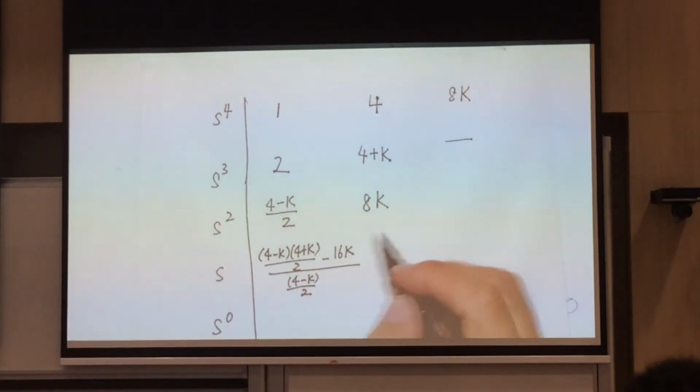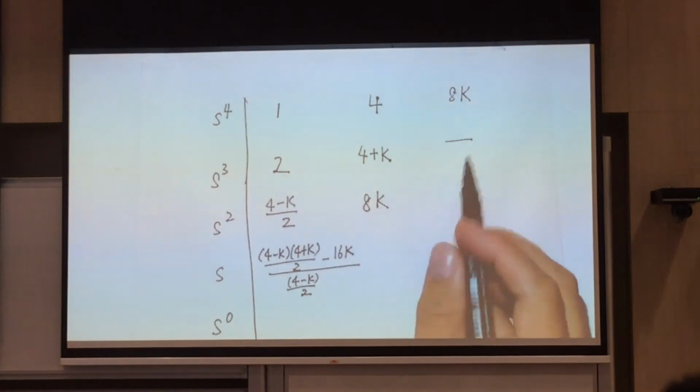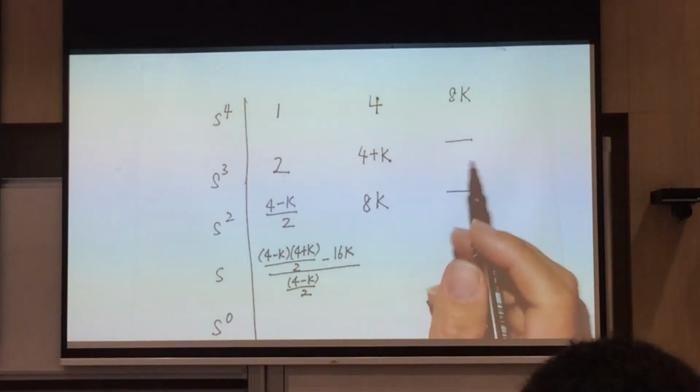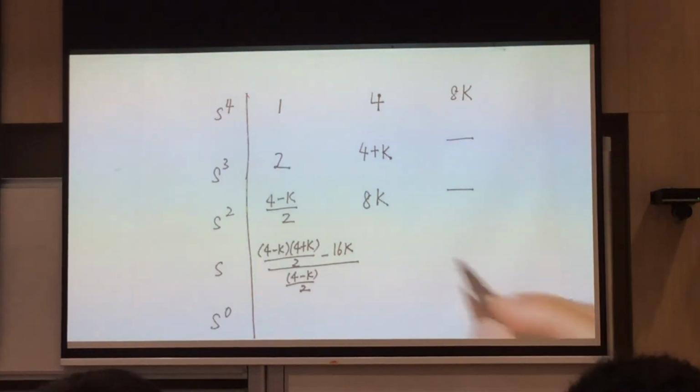Here we take 4 minus k over 2 times nothing. So nothing minus 2 times nothing, nothing.